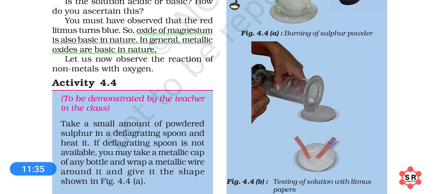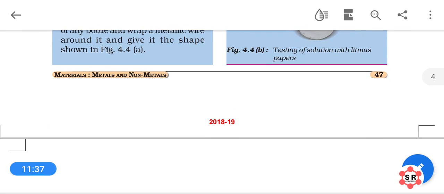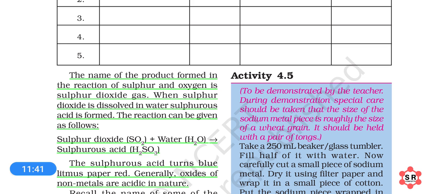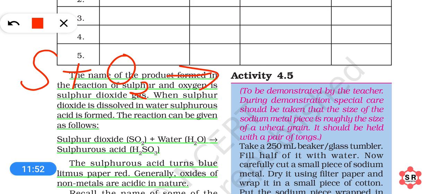So what has happened during this process? First of all, we took sulfur and when we burnt it, it reacted with oxygen and produced sulfur dioxide, that is SO2.